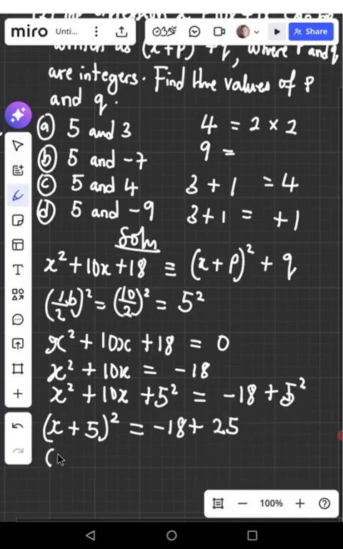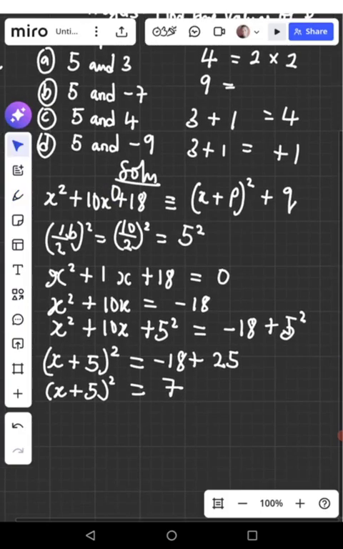So this is (x plus 5) all squared equals minus 18 plus 25, which is positive 7. So when 7 moves to the left hand side, it becomes (x plus 5) all raised to the power of 2 minus 7.